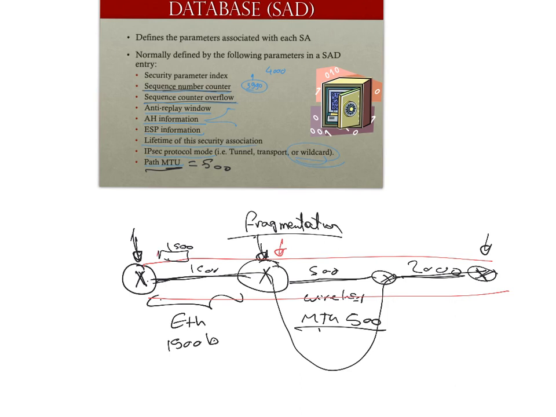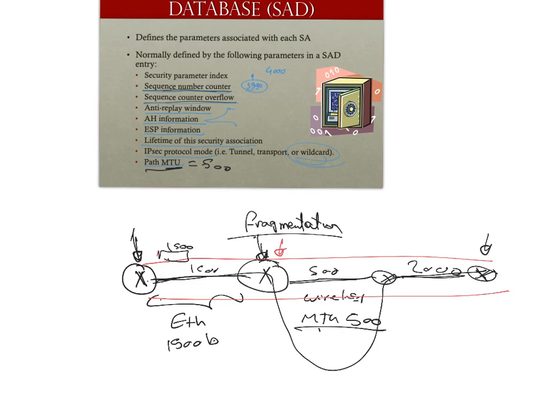And by the way, as I said, fragmentation can still be done inside the tunnel, but it makes things more difficult. So that's why it's better to negotiate a path maximum transmission unit at the beginning, the minimum maximum transmission unit along that path.